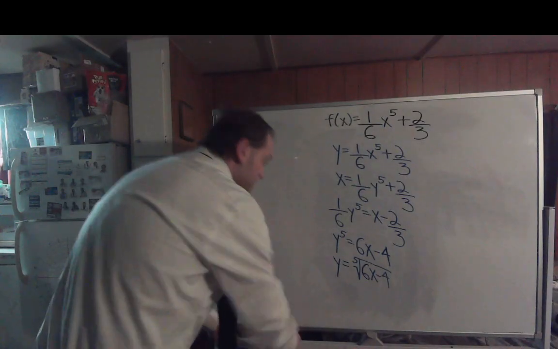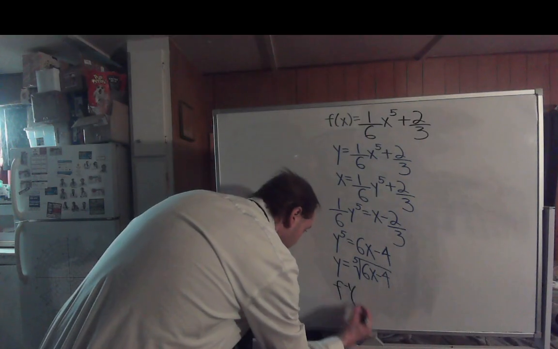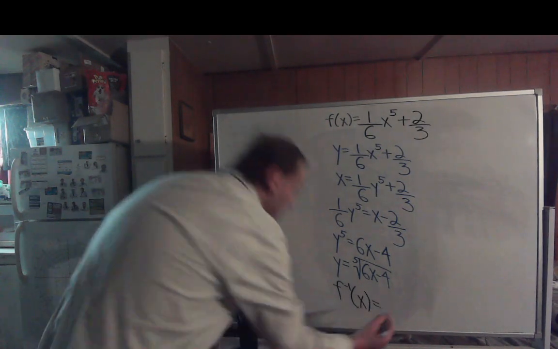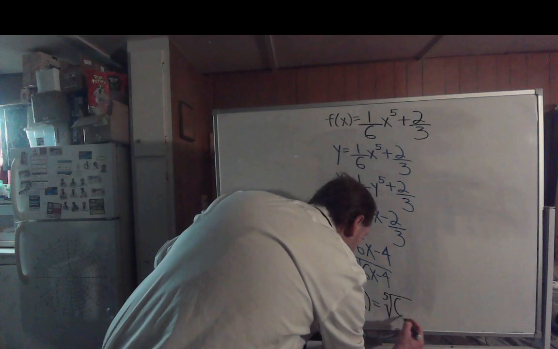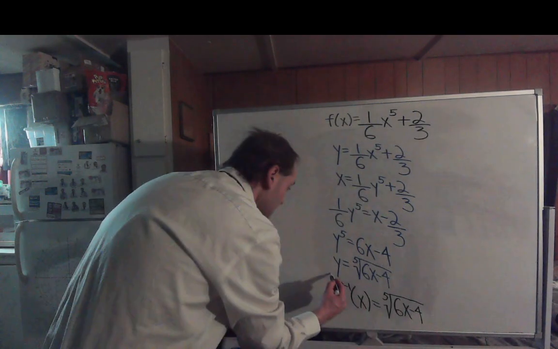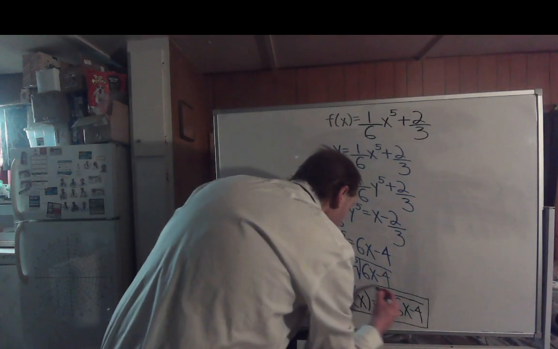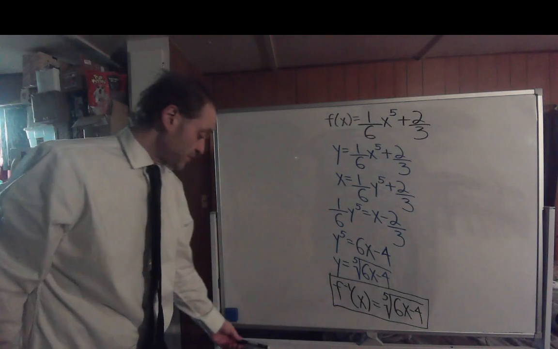In other words, your inverse function, f inverse of x, would be equal to the 5th root of 6x minus 4. So there you go. There you have your inverse function.